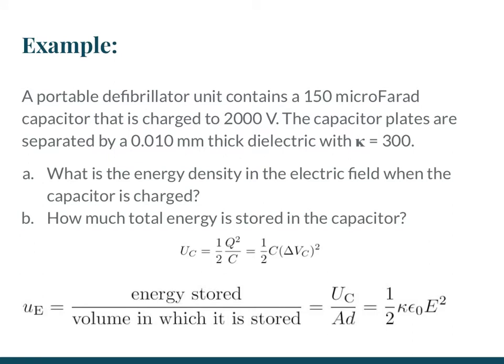The problem says a portable defibrillator unit contains a 150 microfarad capacitor that is charged to 2000 volts. Side note, a defibrillator is the thing they shock your heart with, like an AED, automatic external defibrillator. They contain a capacitor inside, and that's what provides the shock.